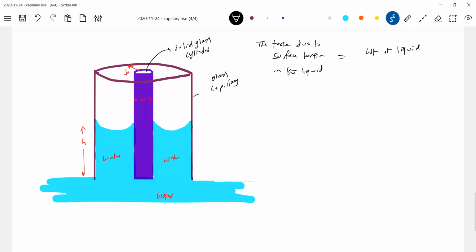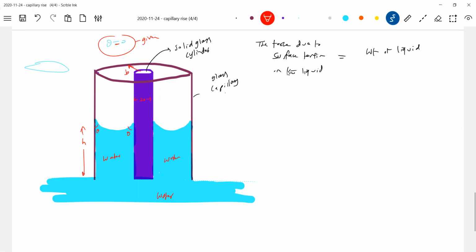So what is the force due to surface tension? I'll draw some diagrams. Let the angle of contact be 0, so it will wet completely. I am writing theta equals 0.